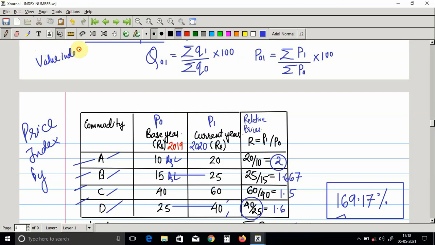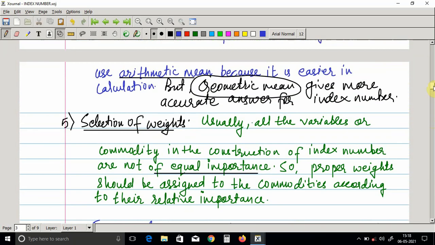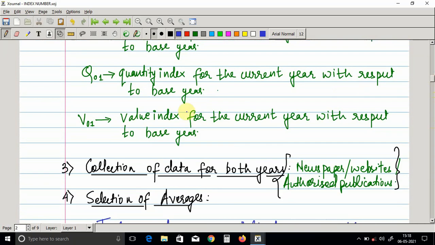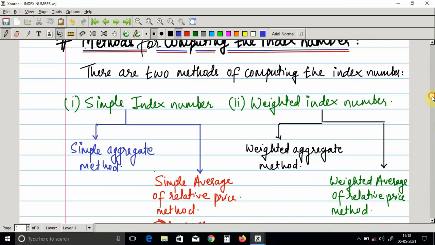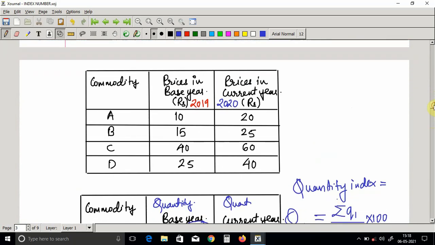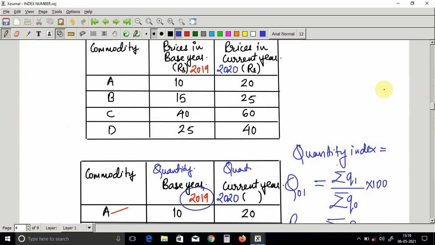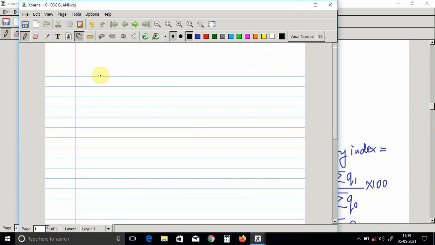Value index, if you go back, I'll show you. I had written value index. Now what is value index? Value index means how much you are paying for that quantity. Suppose commodity A, commodity B, commodity C. What is P naught?